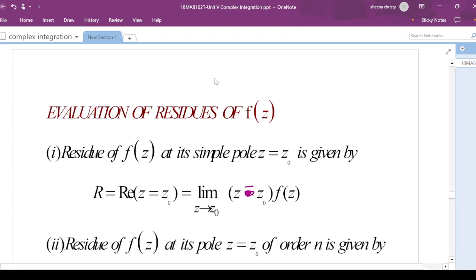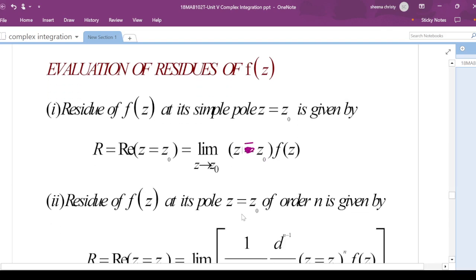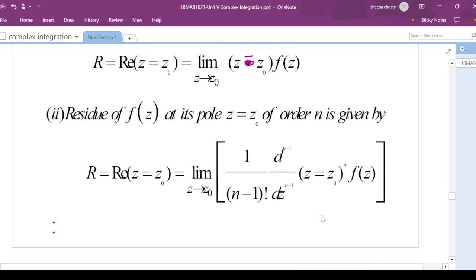The residue of f(z) at its pole z = z0 of order n is given by the limit as z tends to z0 of 1/(n-1)!, where n is the order of the pole, times d^(n-1)/dz^(n-1) of (z - z0)^n f(z).